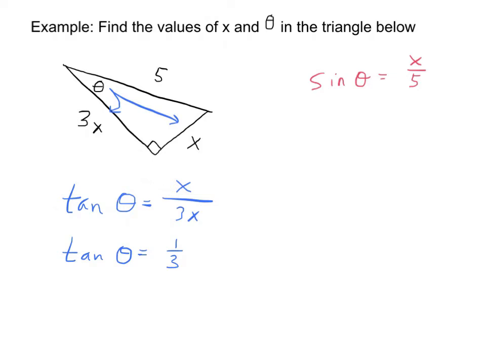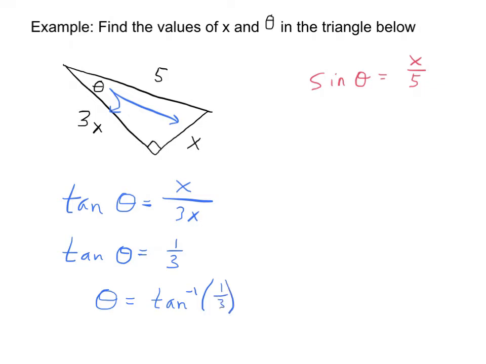Now this next part could be kind of hazy from your geometry days. I now have a trig statement, saying that the tangent of some unknown angle is 1/3. So how can I find that unknown angle? I can do that by using inverse trig functions. The angle I'm looking for will be the inverse tangent of 1/3.